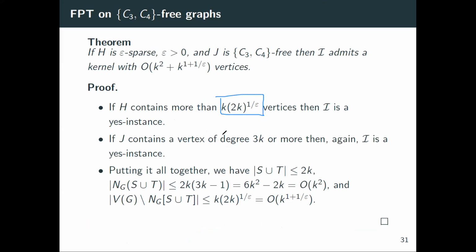If J has a vertex of degree 3k or more, it's a trivial yes instance. Now you combine all of this together. We know that S union T is of size at most 2k. We know that the neighborhood of S union T is of size at most 2k times 3k, which is roughly 6k squared. And the rest of the graph has at most that many vertices. So you sum up those numbers and you get this bound.